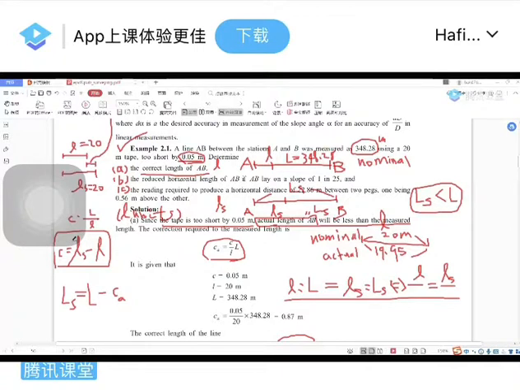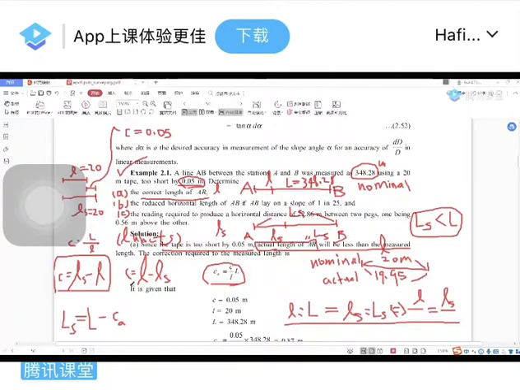If you want to unify the notation, you can use the absolute value of this one. Otherwise, you have to judge by yourself. You see already it is minus. If you define C to be L minus LS, then that will be another issue. But here you might wonder why the L is over here.